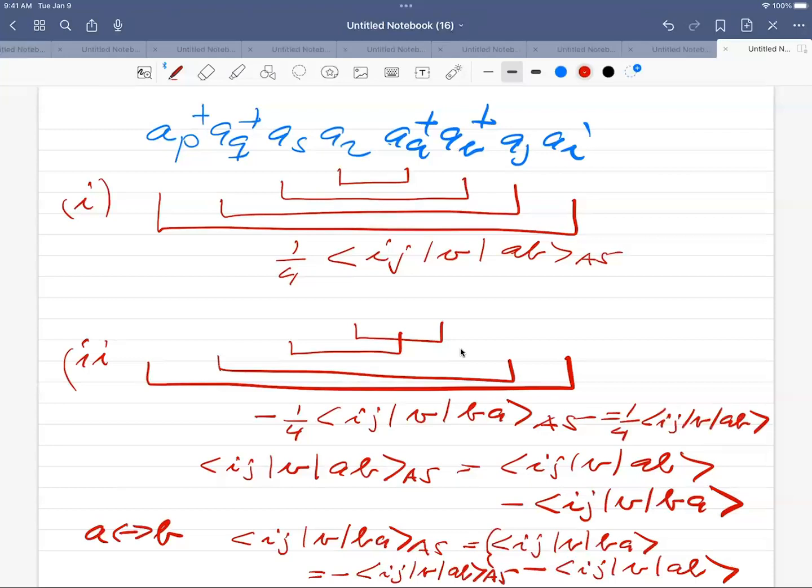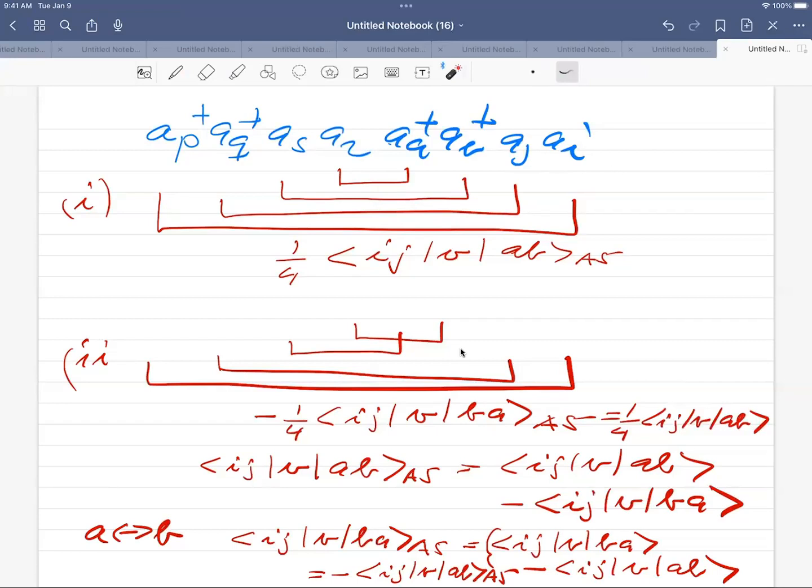Okay, so the next thing you see now, these are the only contractions which are non-zero. What I could do now is to interchange these two guys. And finally, I could now interchange all sets here. So that's going to give rise to two more sets of contractions, which give non-zero results.